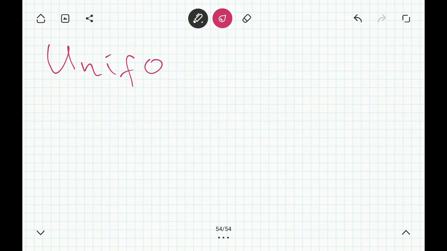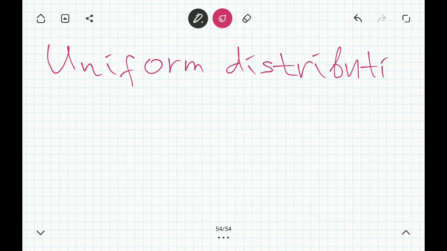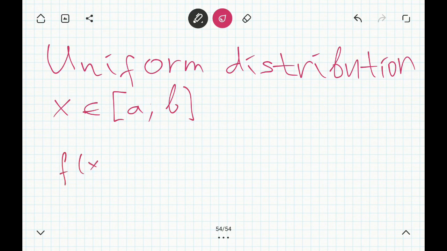So uniform distribution is a continuous distribution where your random variable can acquire values between some a and b, and your density function is constant. It's 1 over b minus a everywhere inside the interval, and it's 0 outside the interval.